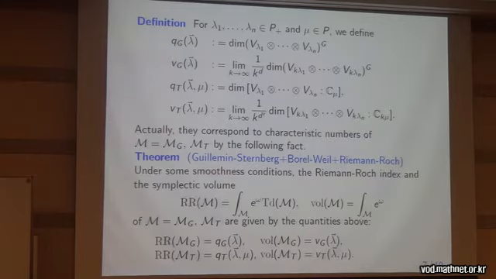Similarly, the Riemann-Roch index of Mt is given by this Qt lambda mu, and the volume is just Vt lambda mu defined here. So it has a topological and geometrical meaning like this.